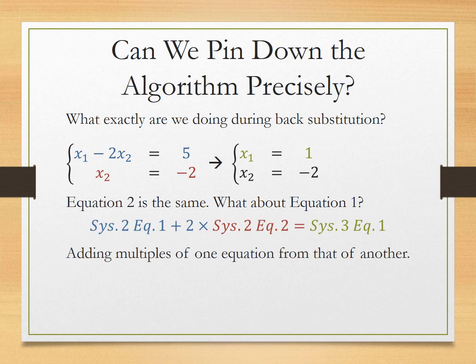All you need to do is add 2 times x2, right? So you have system 2's equation 1, the blue part, plus 2 times system 2's equation 2, the red equation, and that gives you x1 equals 1, the green equation. So once again, what you're doing is adding multiples of one equation to that of another.